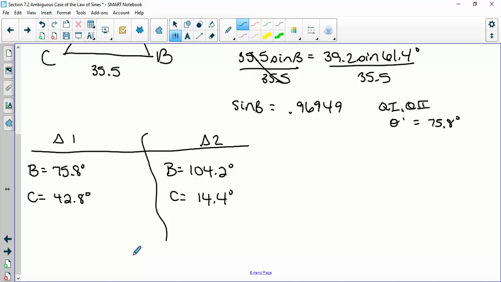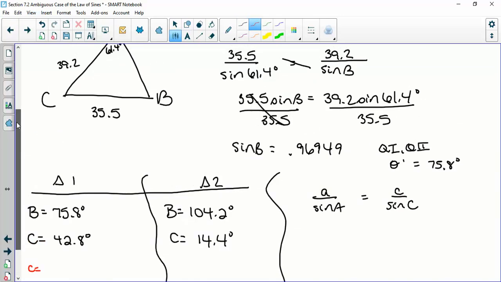What other information do we have to find in our triangle? Side C. Now, we are going to have two different values depending on which of these two triangles we're in. So for my first triangle, if I wanted to use side C, I'm going to do it with A over sine A equals C over sine C, since A was in that information given.